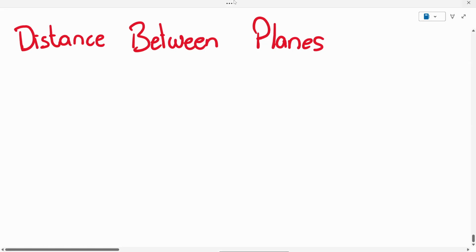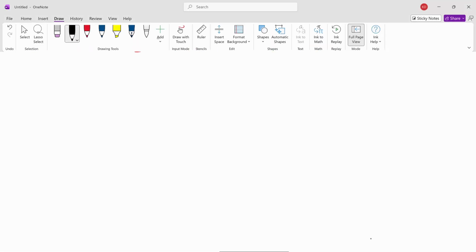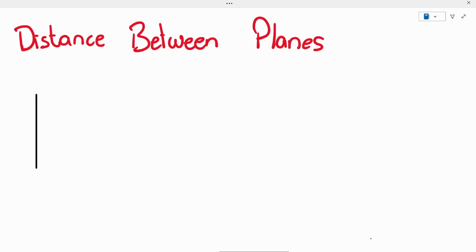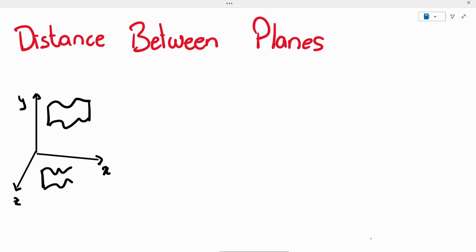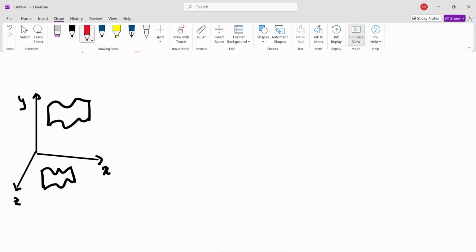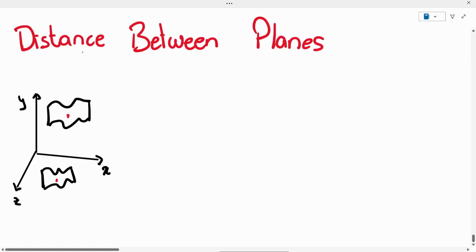Right. So let's say we had 2 planes in 3D space, right? So we have X, Y, and Z. We have a plane here, and we have a plane here. If we have 2 points on these planes, and these have to be parallel planes, by the way, because if the planes intersect, then you're just going to have a distance of 0.